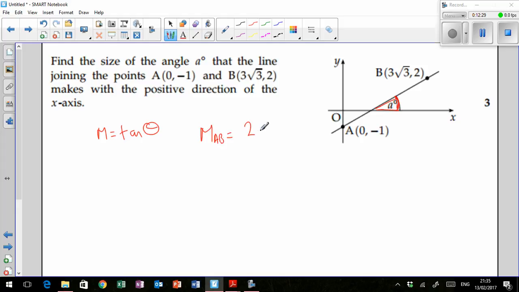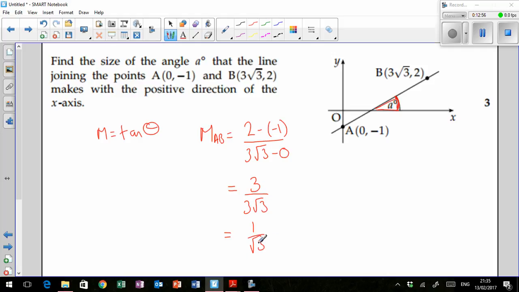MAB is going to be 2 subtract -1 over 3√3 subtract 0. Okay, just using y2 minus y1. So 2 subtract -1 is 3, and 3√3 subtract 0 is just 3√3. Then we've got 3 and 3 on the bottom, so they'll just cancel out to 1 over √3.